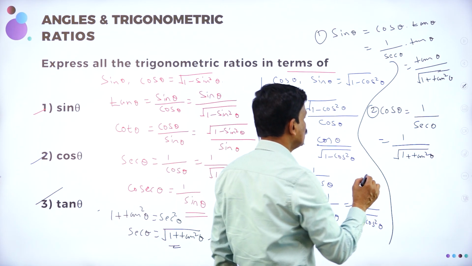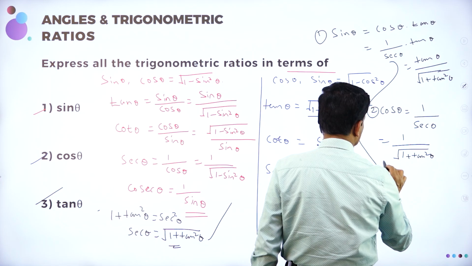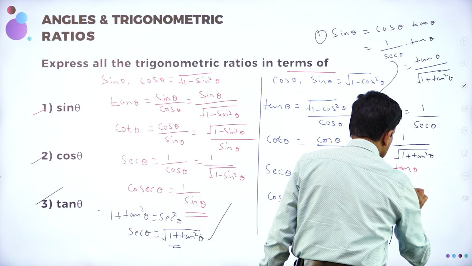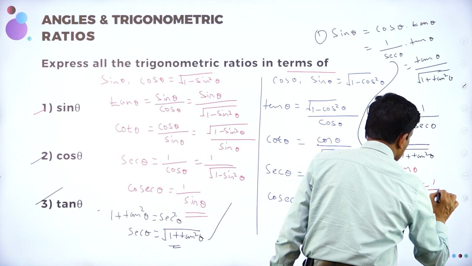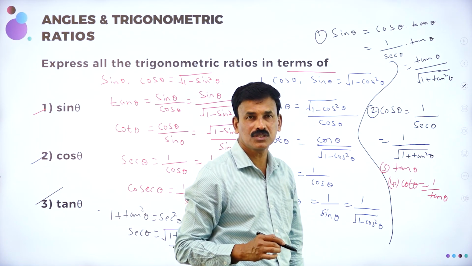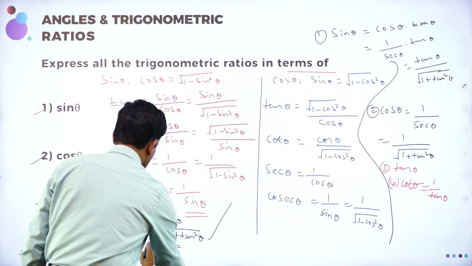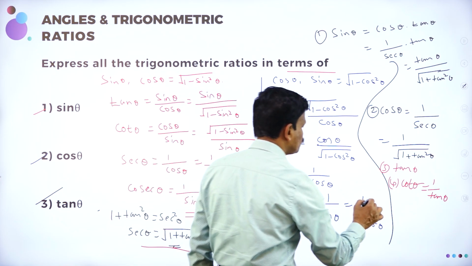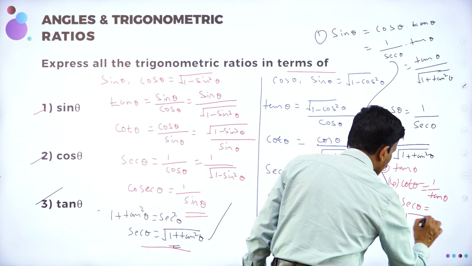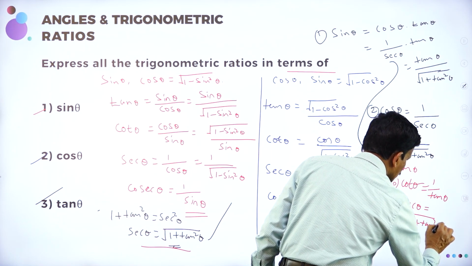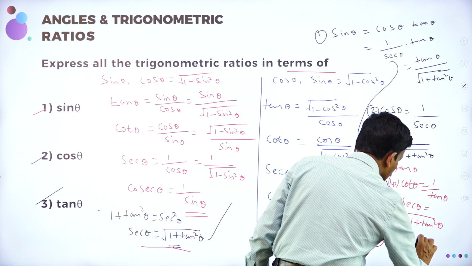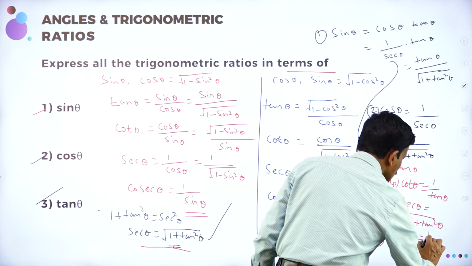And what is cot theta? Cot theta is equal to 1 by tan theta. What is secant theta? Secant theta is equal to root of 1 plus tan square theta. And the last one, cosecant theta, is equal to 1 by sin theta.